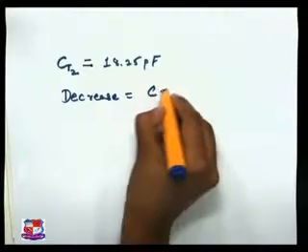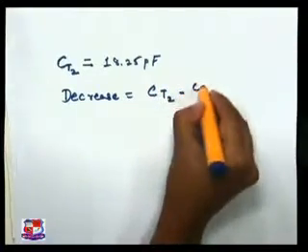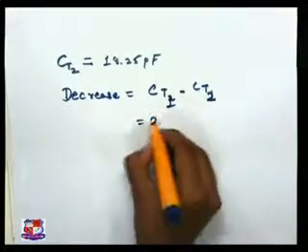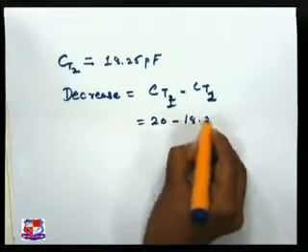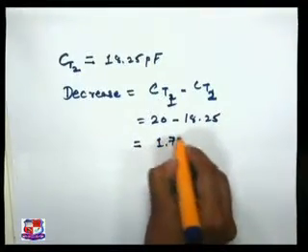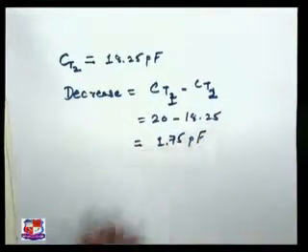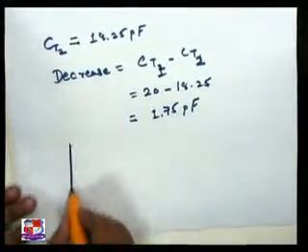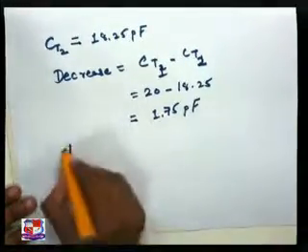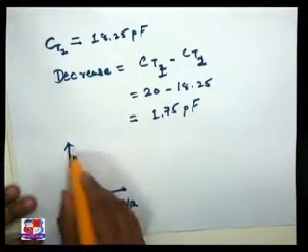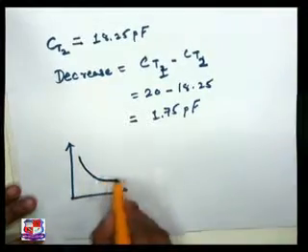It is actually CT1 minus CT2, that is 20 minus 18.25, and that is 1.75 picofarad. As we have learnt while learning the varactor diode, as and when the junction voltage increases, the diode capacitance decreases.